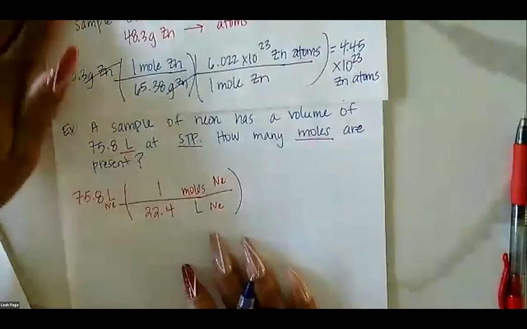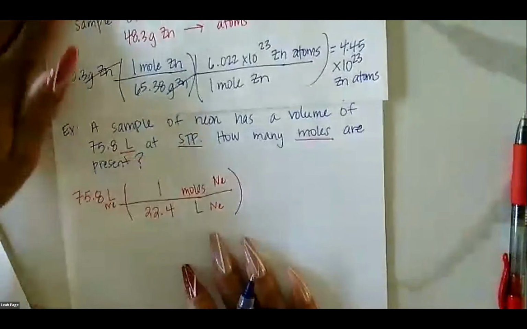So if I have liters and I want to go to grams, I have to go to moles first and then moles to grams. Or if I have grams and I want to go to liters, I have to go to moles first and then to liters. Same thing with particles.